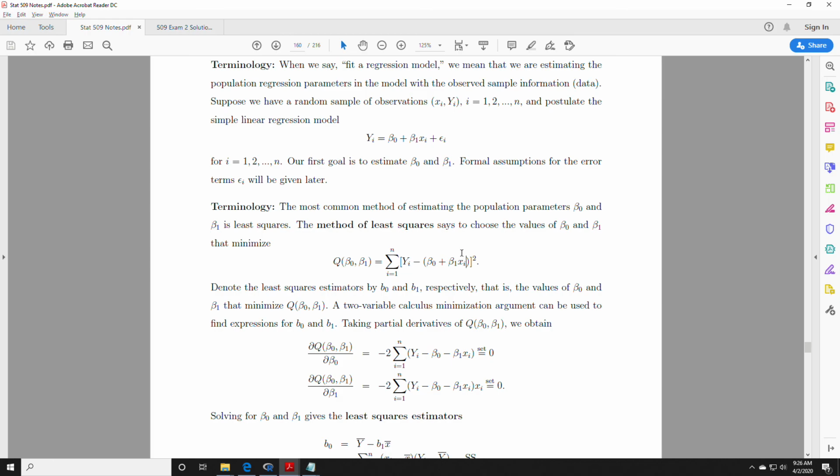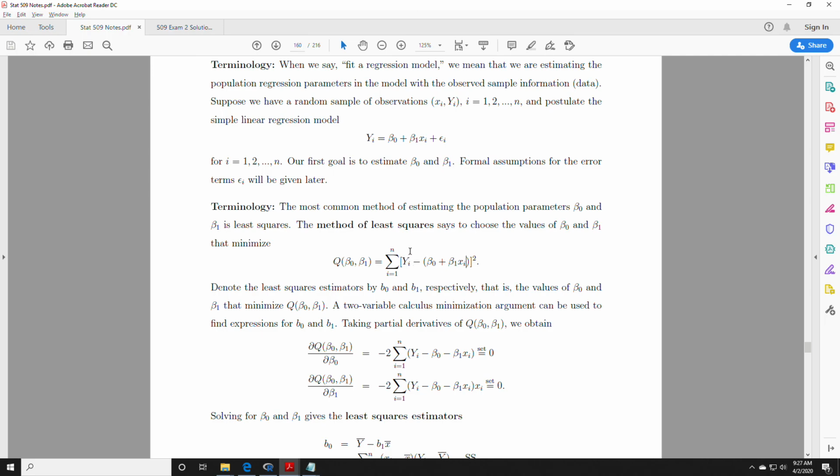Okay, and because some points might be above the line and some points might be below the line, if we square those differences, that's what allows a point above the line not to cancel out a point below the line, right? We don't want that. So we want to take into account distance, okay?